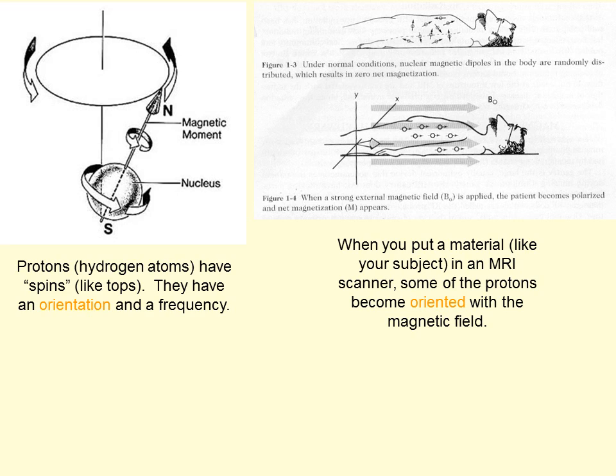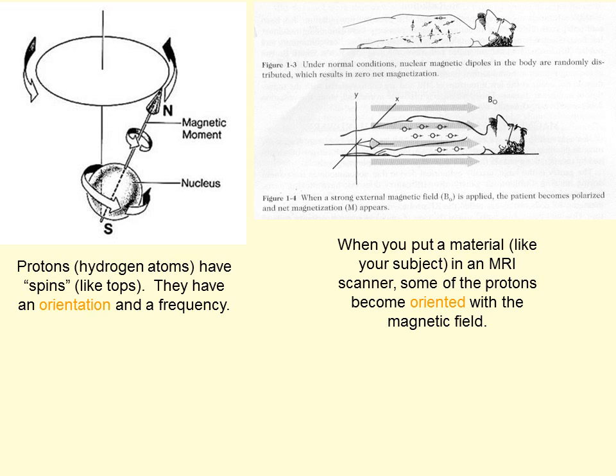So what does the static magnetic field actually do to your participant when you put them in there? Well, the key thing to remember is that it influences the hydrogen atoms in the participant's body primarily, and these hydrogen atoms are present because of the large amount of water in the person.